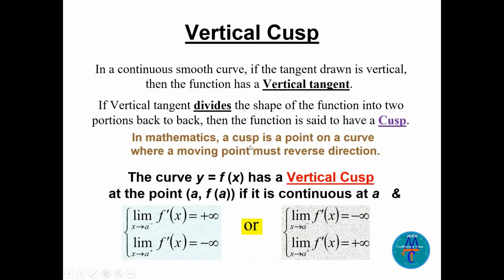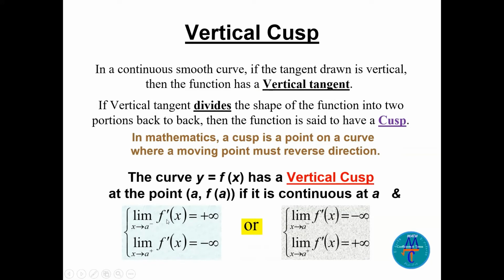So in mathematics, a cusp is a point on a curve where a moving point must reverse direction. I will explain that also in the graph. So y equals f of x has a vertical cusp in two cases.